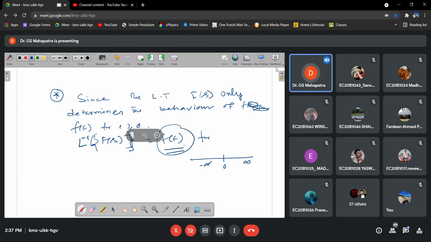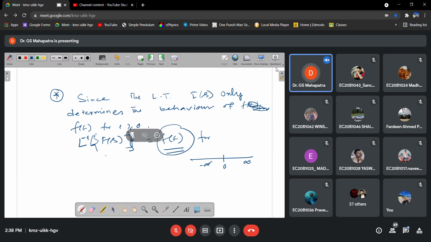If you don't write that, it will be tough for any other person to understand the domain. If you write only f of t equals sin t, that means the positive region is not specified, and it can be the negative side also. So what do we have to do in that case?